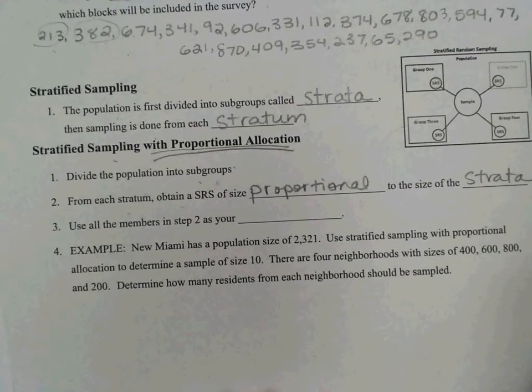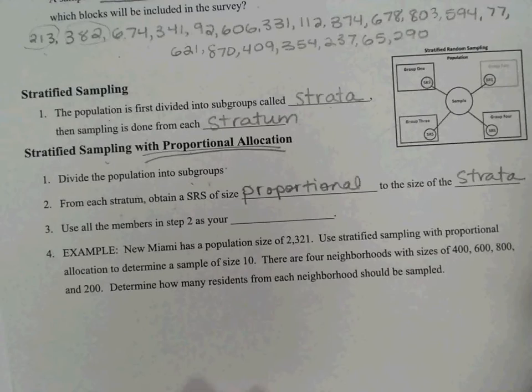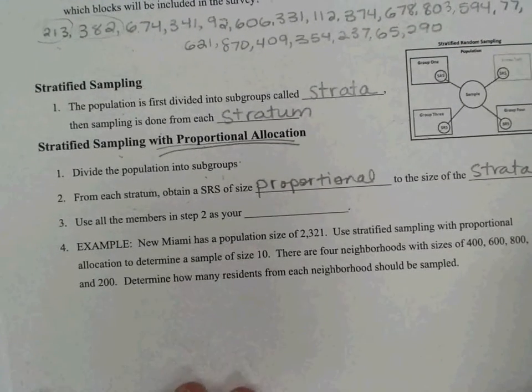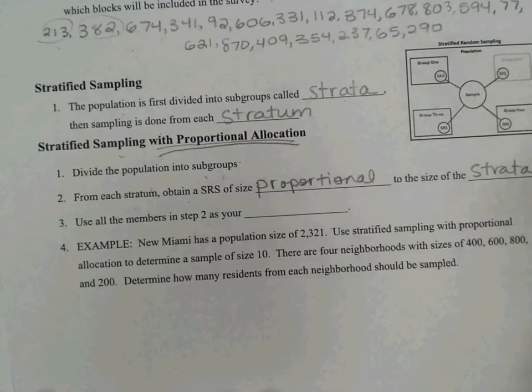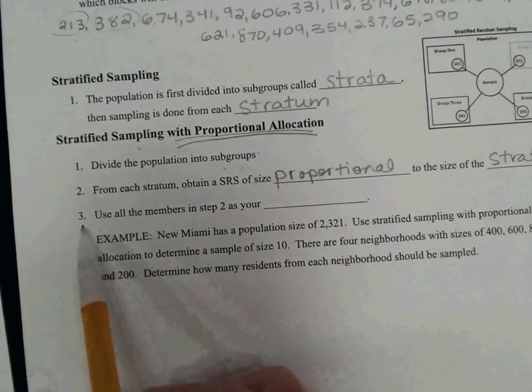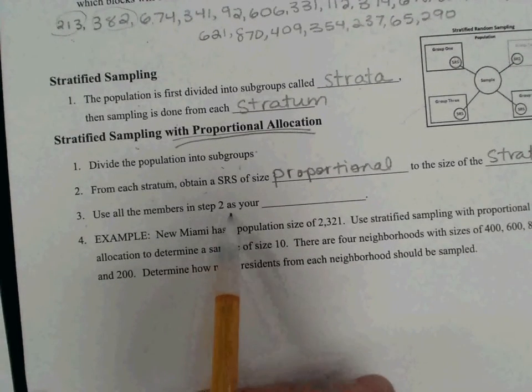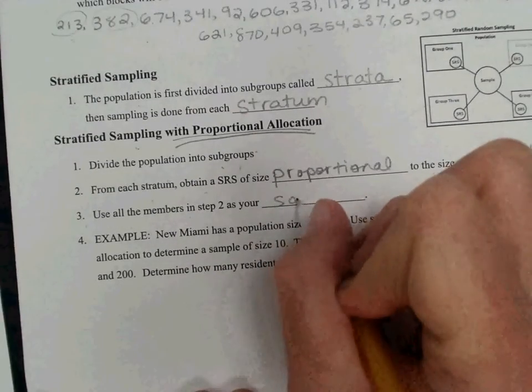Similar to when we did the canned food drive and different classes that had different numbers of students contributing, there was a ratio done in order to decide who would win versus just simply totaling the number of cans, which wouldn't be fair because the number of students contributing was different per class. So then use all the members in step 2 as your sample.